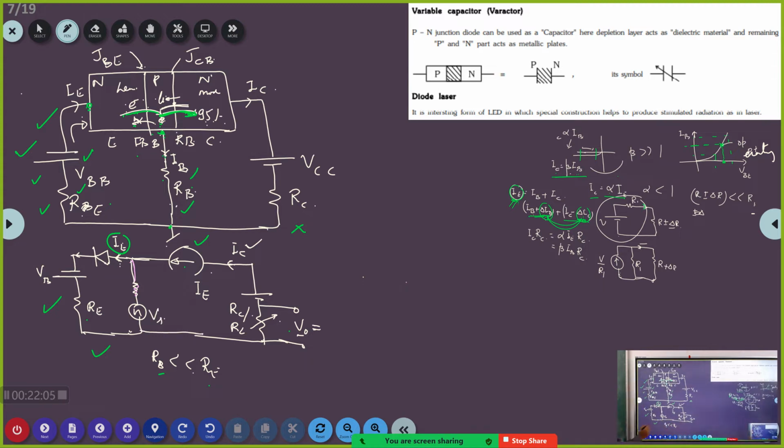This means this voltage will vary with the signal. I am adding a voltage source. So if I add a voltage source here, what is the consequence?